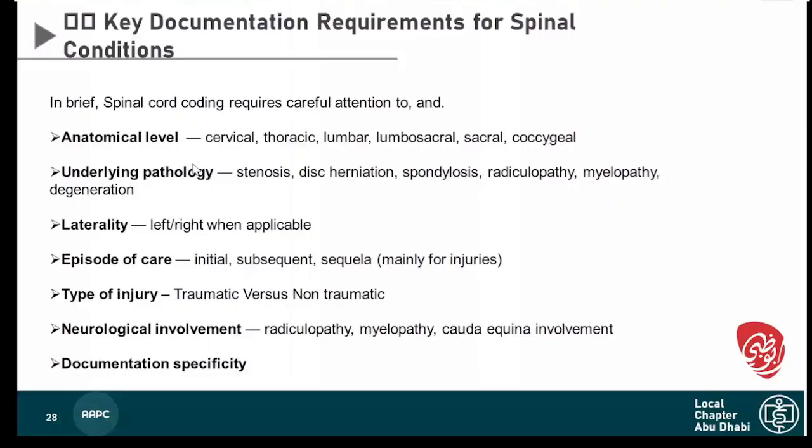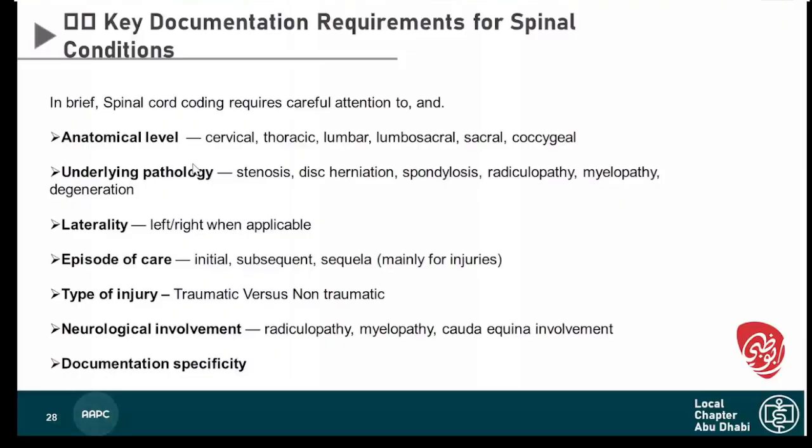Then laterality, unilateral or bilateral, whatever it is, we have to assign based on the documentation. Then episode of care: initial, subsequent, sequelae. These seventh characters mainly apply to traumatic injuries only.